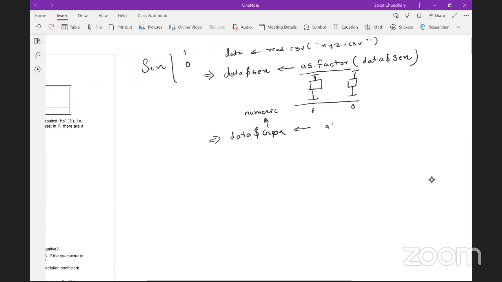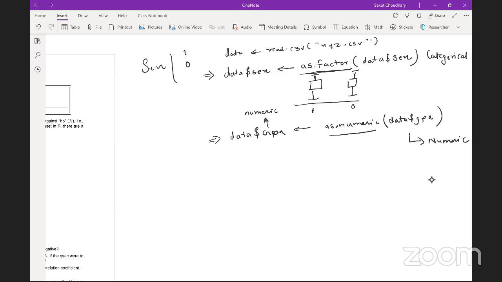But we will also ensure that this gets interpreted as a numeric quantity. Very simple, there's nothing complicated about it. It's just making sure that the corresponding columns get interpreted in the right way. So this is for categorical, and this is for numeric.